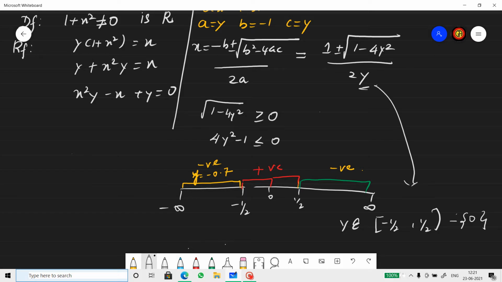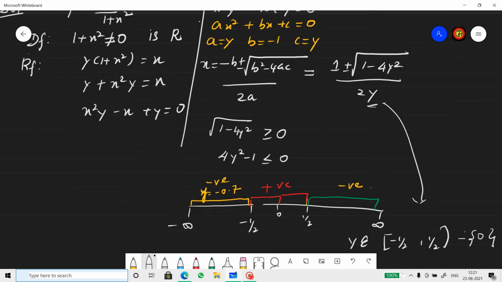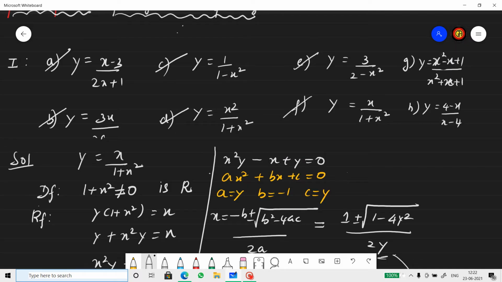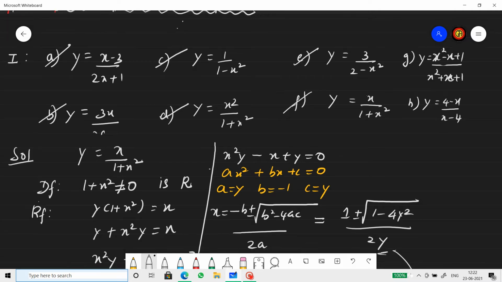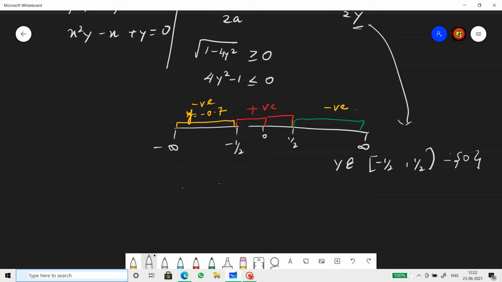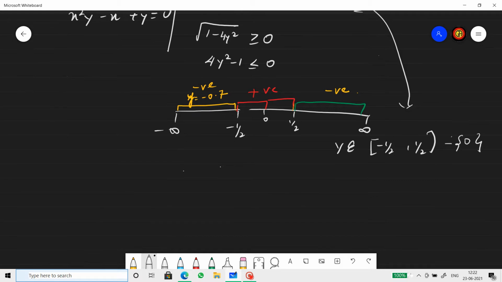But what are y? y are the range values of the function. So can there be an x value that can give y as 0? Yes. The function was x by 1 plus x square.